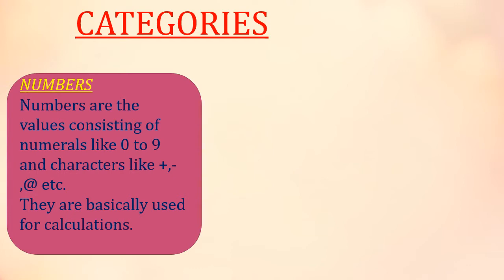First data type is numbers. Numbers are values that consist of numerals like 0 to 9 and different characters like plus, minus, at the rate, percentage, etc. These data types are basically used for calculation purposes. Some important points to follow while using the numbers data type: a decimal point is used as a separator for decimal numbers.